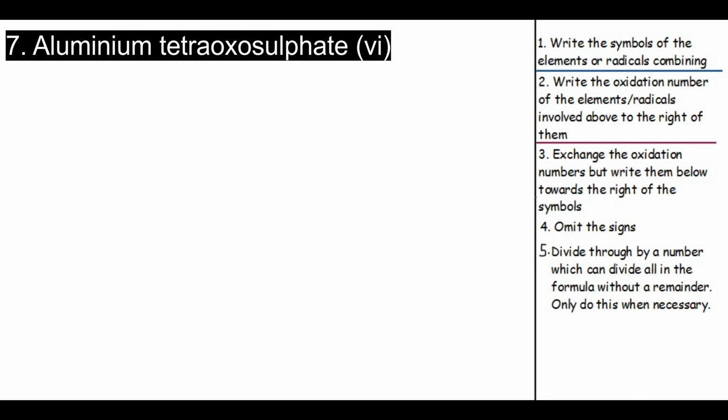First of all, follow the first step, write the symbols of the elements or radicals. We have aluminium and tetraoxosulfate 6 ion.